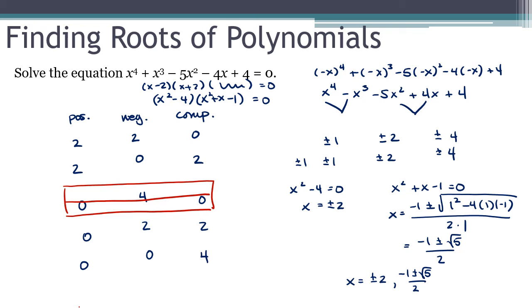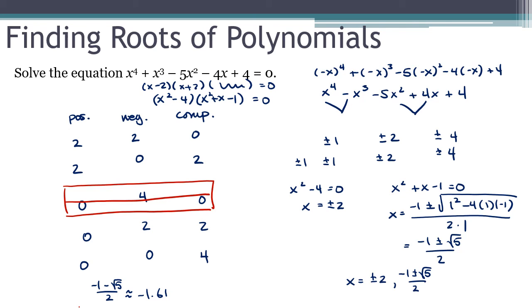Descartes is still looking over our shoulder, right? Did this work for Descartes' rule of signs? Well, look, negative 1 minus the square root of 5 over 2 is approximately negative 1.618.